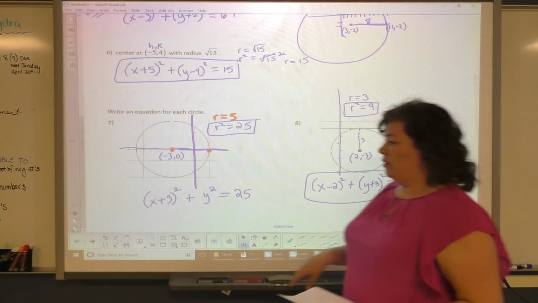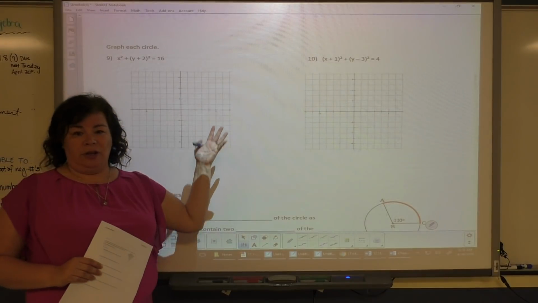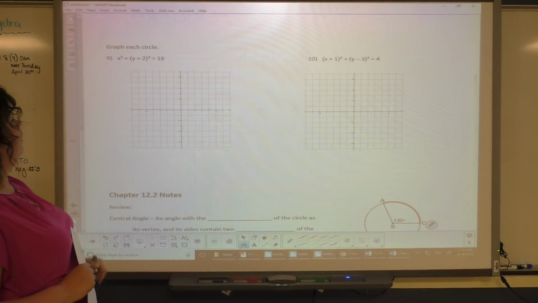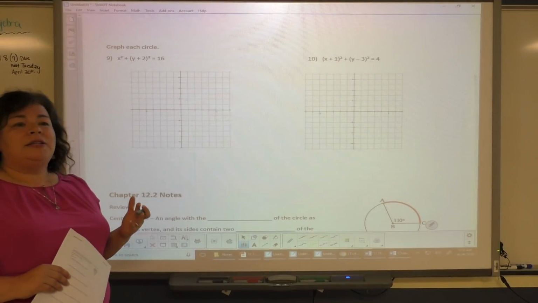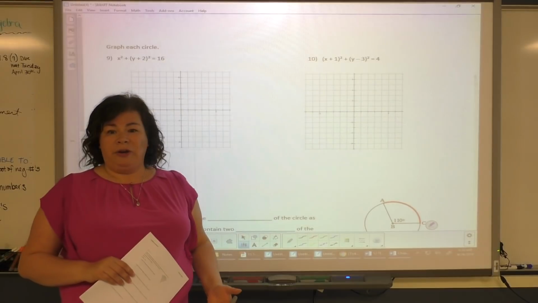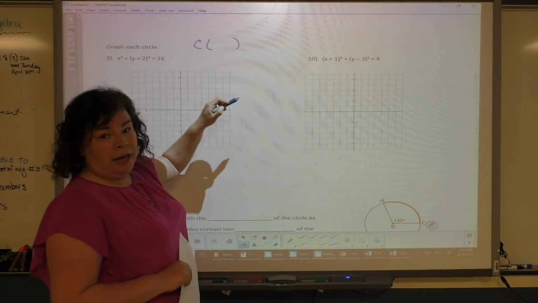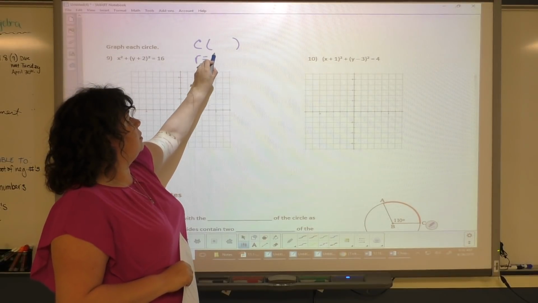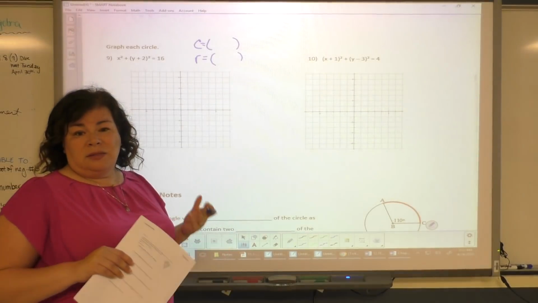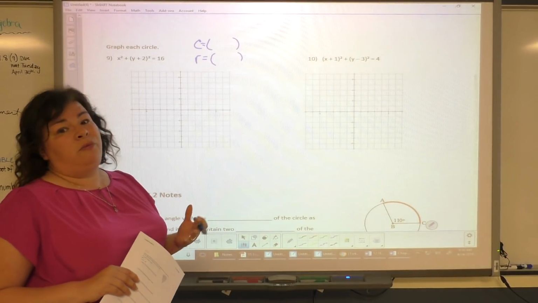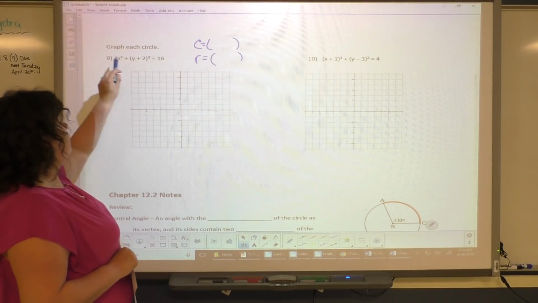So if we go to the other side here on the next page, this is how your graphs are going to look on your homework. They're very clear. Now they want us to graph each circle. The best thing to do before you graph is write what the center is and what your radius is. Once you figure those out, you plot your center first.